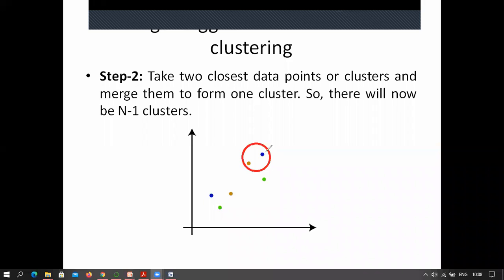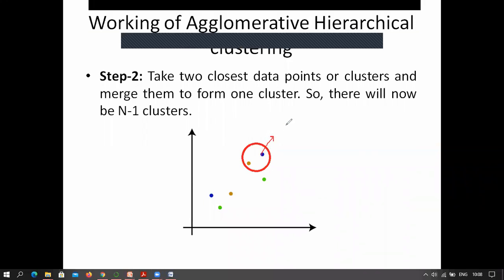Initially, these 2 were 2 different clusters, C1 and suppose C2. But now, after finding the Euclidean distance between every pair of data points, we have found that these 2 data points have the shortest Euclidean distance. That means they are very close to each other, so I can combine them into one, and you can say now this is one cluster.